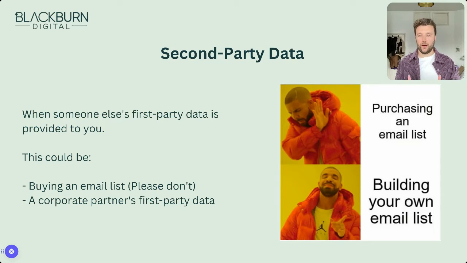Never, ever buy an email list. It's a recipe for disaster. It might feel like a really quick win, but honestly, it's not going to help you down the line. So if anyone ever approaches you about buying an email list or anyone suggests it, really firmly push that down because it's not helpful. But that is essentially second-party data.